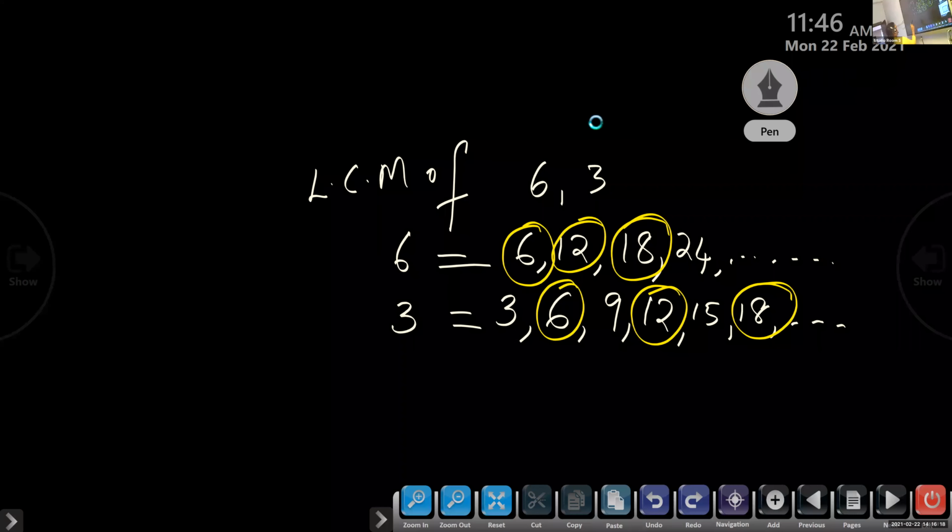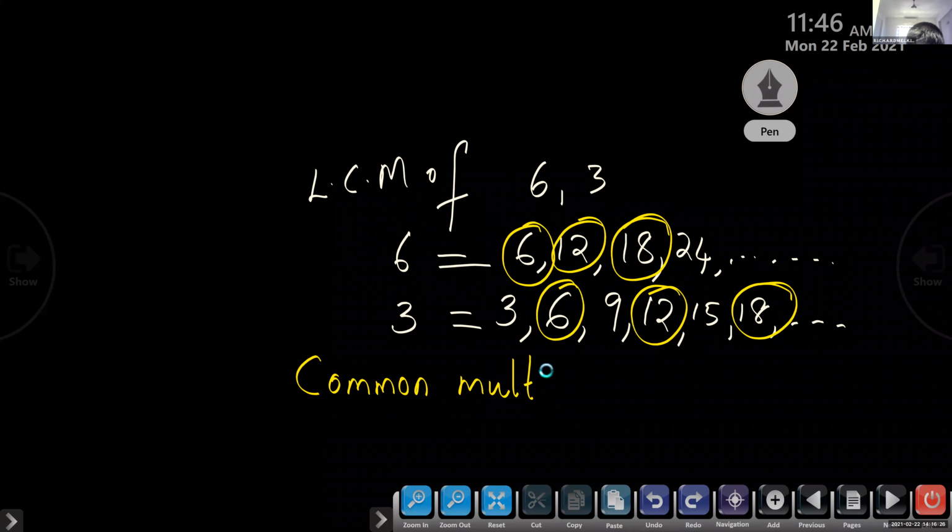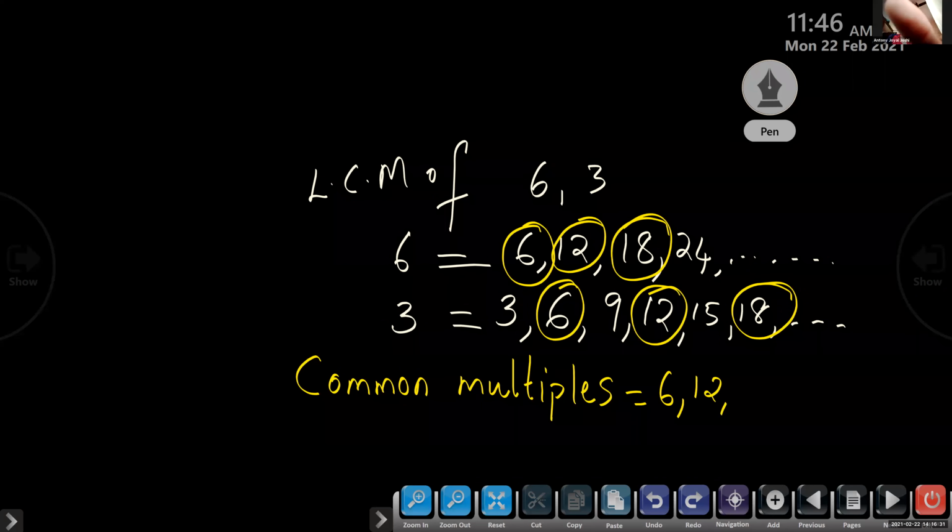First of all I will write the common multiples: 6, 12, 18. It is going on. If I keep writing, 7 into 3 is 21, 8 into 3 is 24, which is also a common multiple.